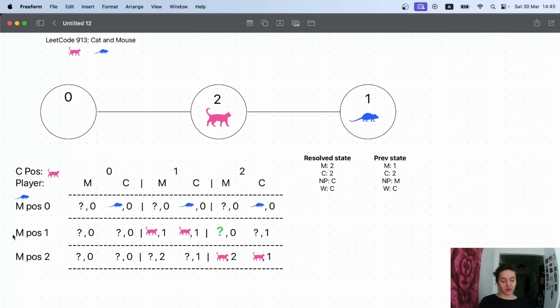Mouse at 1, cat at 2, mouse turn to move, cat win. This state is not already resolved, as you can see, and it's a cat win. So now we can resolve it. And this is our goal state, so we have solved the question again. And this graph is a cat win.